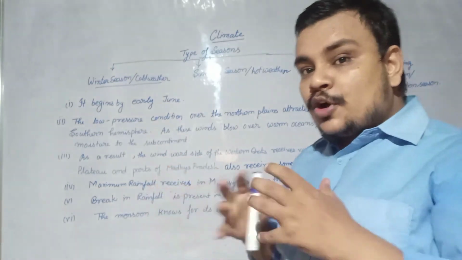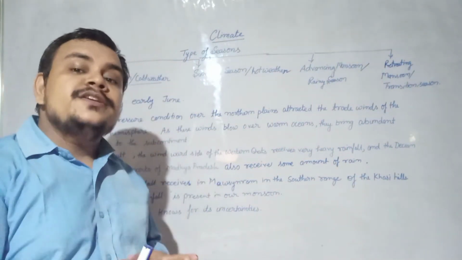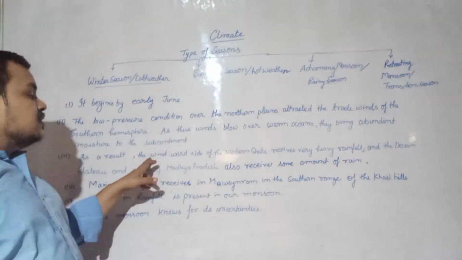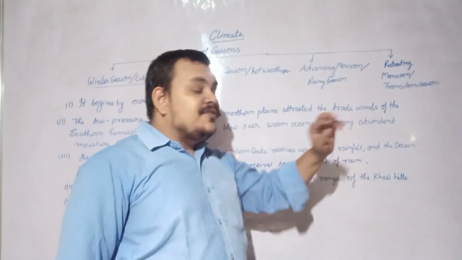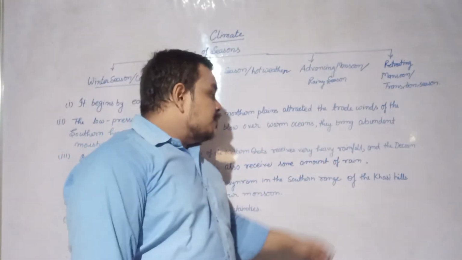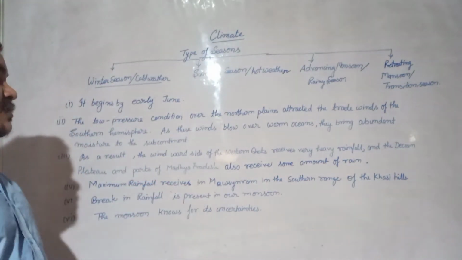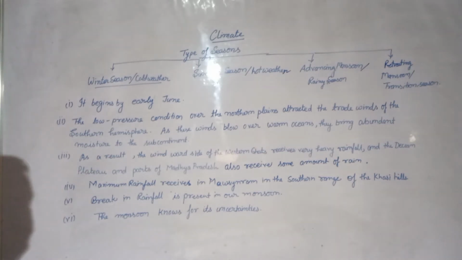Whenever abundant moisture comes to the subcontinent, that becomes the main reason for rainfall. As a result, the windward side of the Western Ghats receives heavy rainfall, and some places like the Deccan Plateau and parts of Madhya Pradesh also receive some amount of rainfall.